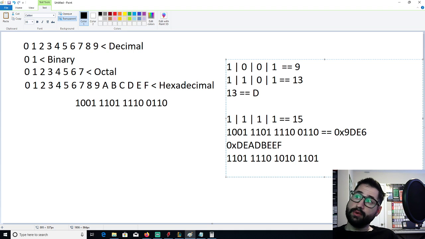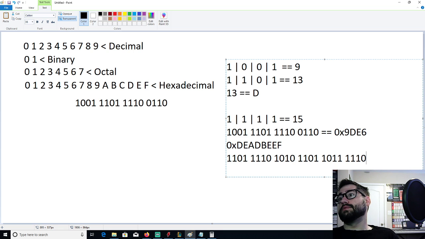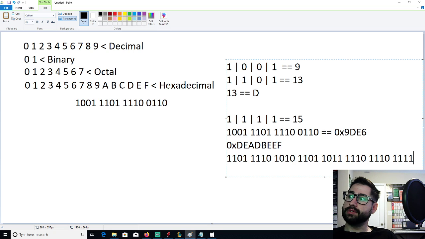Take a B, which is going to be 1011. E, which is 1110. And then another E, and then an F, which is all ones. So dead beef is this in binary. At least it should be.